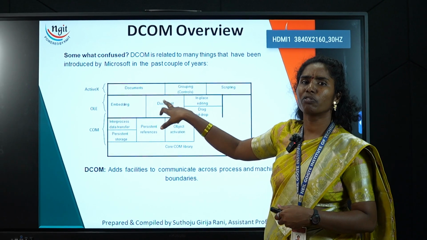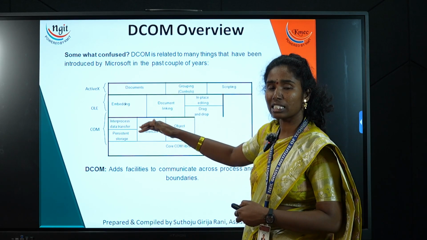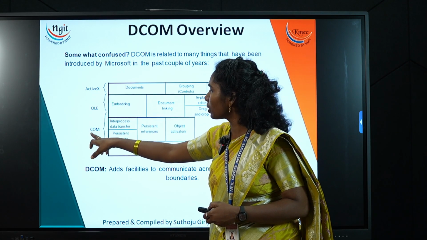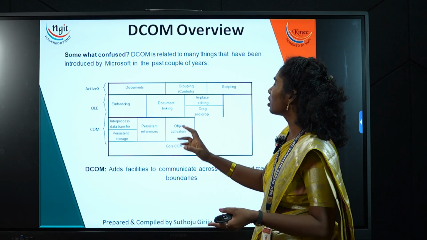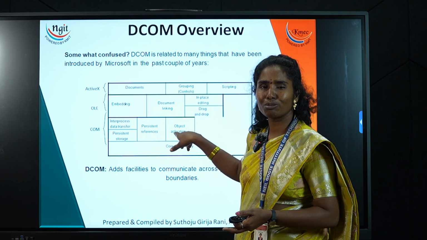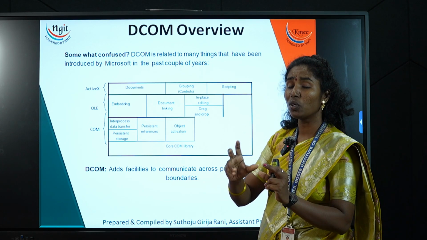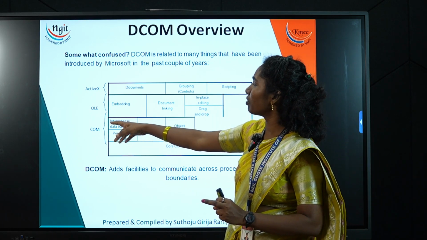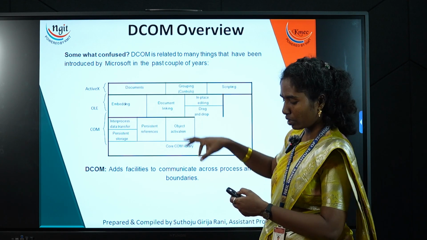Next is linking: if we want any document linked, whatever .exe files or .object files we have, we can link them to our existing system. So these are the three important points. DCOM handles all the storage, interprocess communication, persistent references and object activations in the component object model environment. When we say distributed, we are going beyond the machine boundaries, so there we need OLE and ActiveX as part of the DCOM overview.